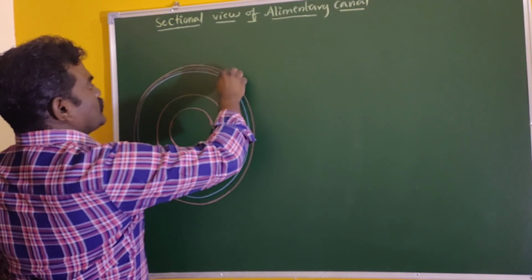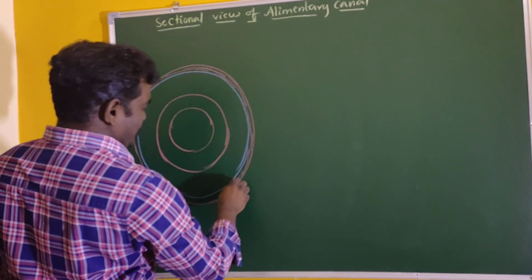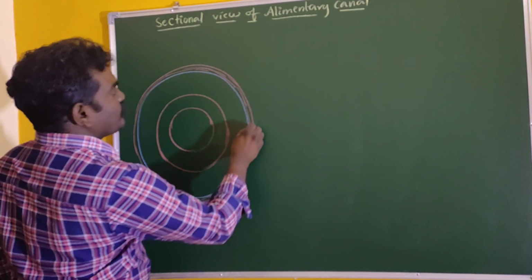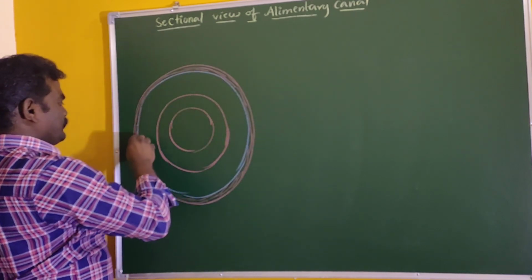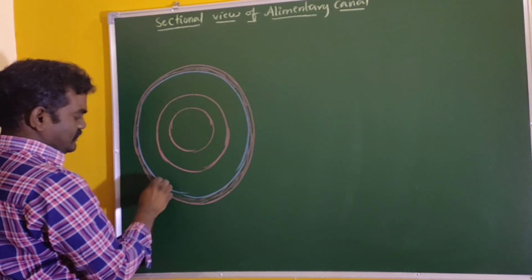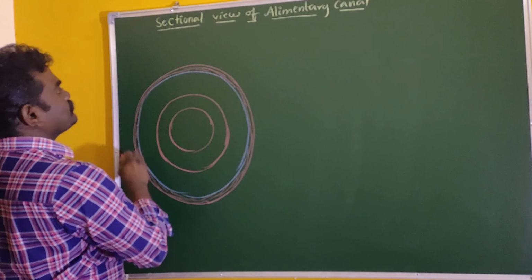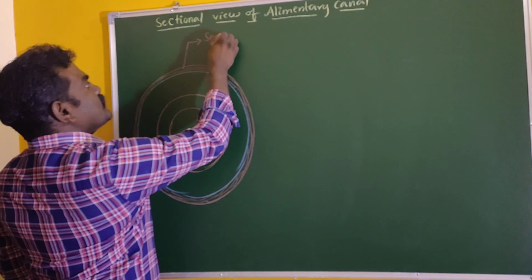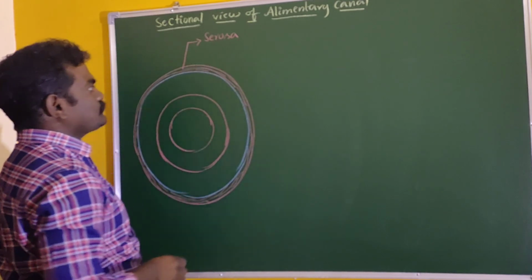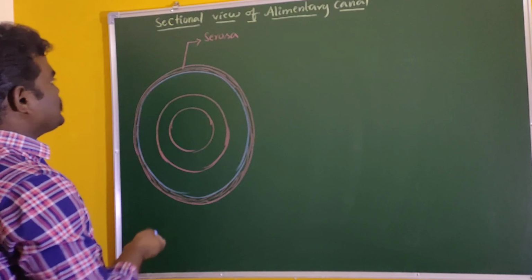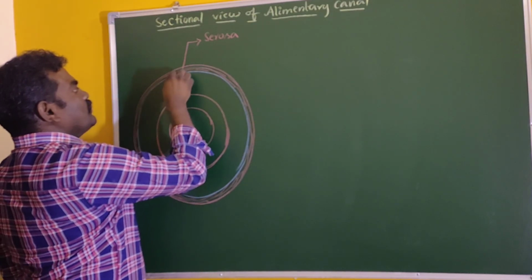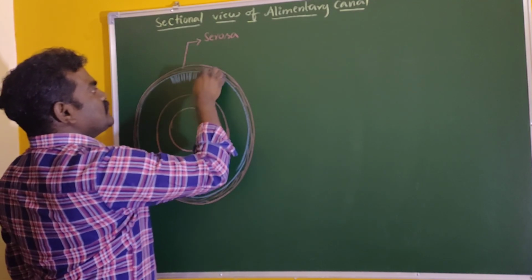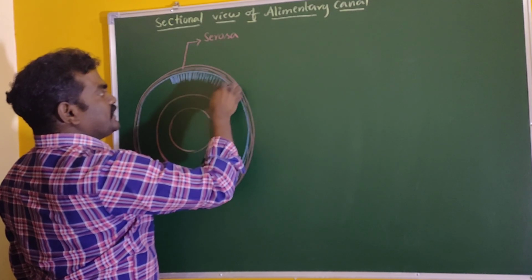So this is the outermost layer of the alimentary canal, we call it serosa. And in the muscularis, 2 important layers are noticed.